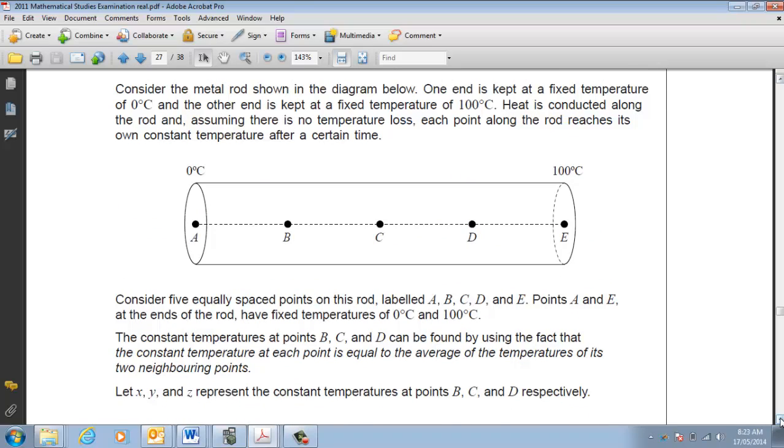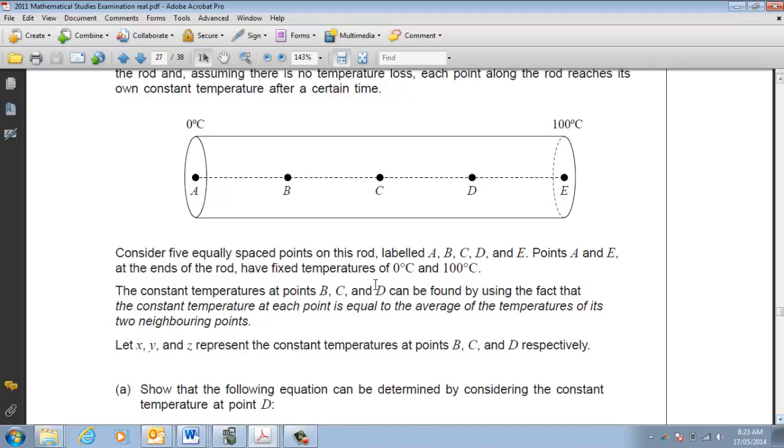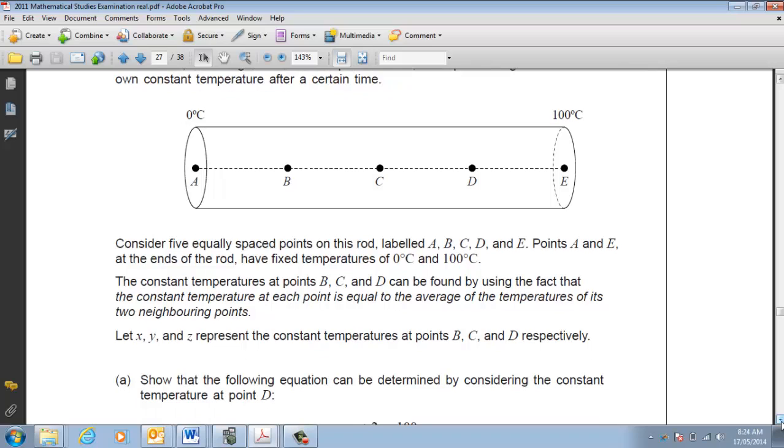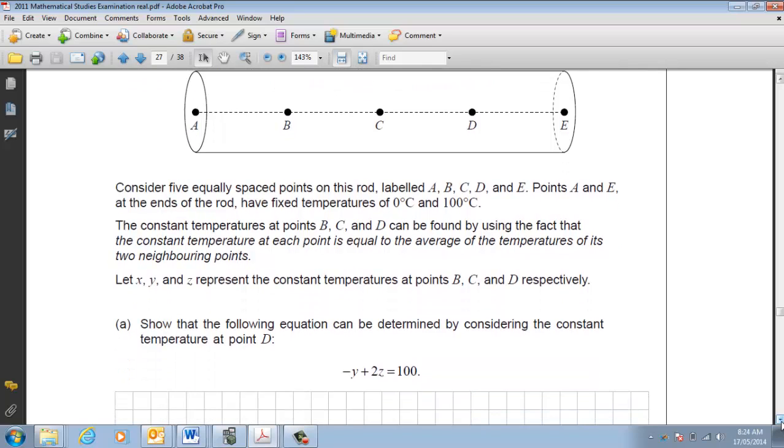So let X, Y, and Z represent the temperatures of B, C, and D. So if I was looking at the temperature of D, then I know that's going to be equal to 100 degrees plus Y, and the temperature that we want is Z. So Z is equal to Y plus 100 divided by 2, and therefore you're just rearranging that equation to get Y plus 2Z equals 100. Get the idea?